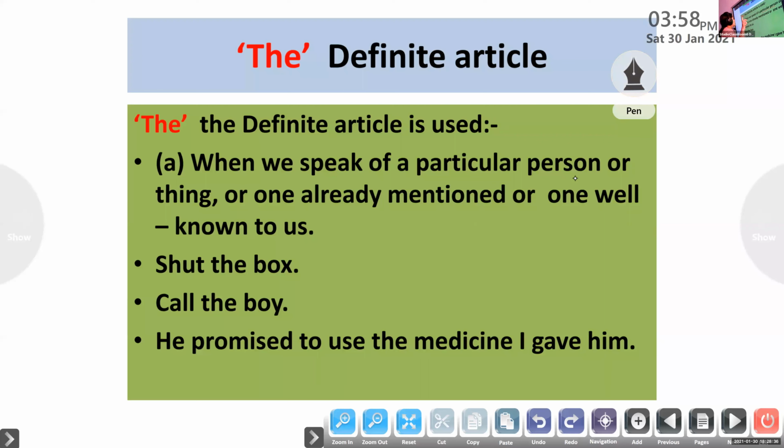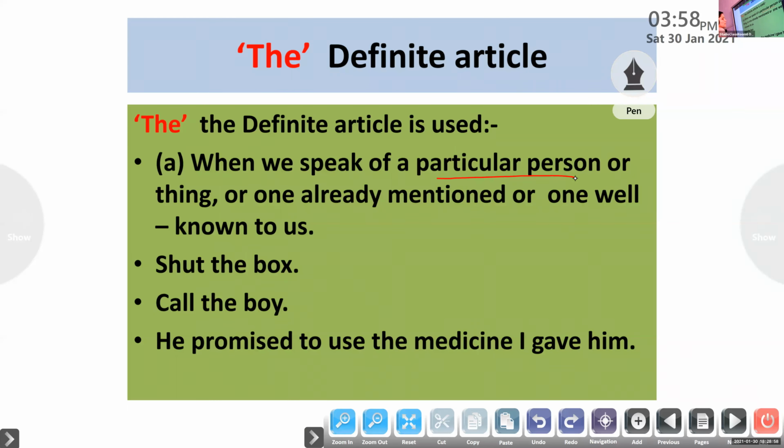And I also said, children, we use it if something is already mentioned in the sentence. Raju is a smart boy. The boy is going to Surat. What do you mean by this?